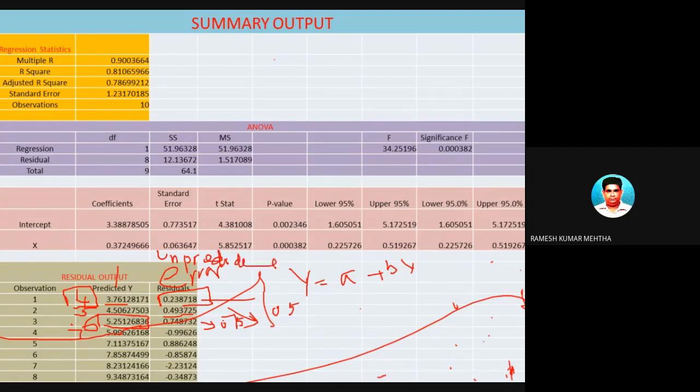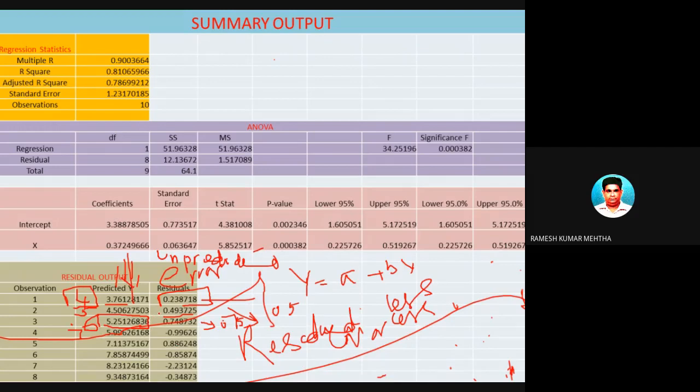This should be more, prediction should be more, and the residual should be less, because the error speaks about the prediction model. The more the error, the model is not strong, meaning they are not able to determine the influence of the independent variable on the dependent variable.